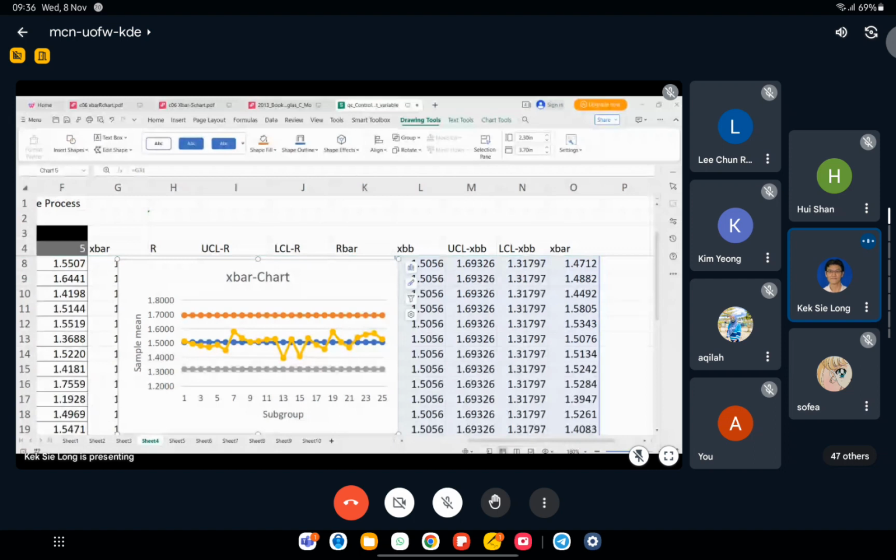So from this X bar control chart, all the points represent the sample mean, the process average. All the process averages are inside the control limit. So we can say that this process is in control. We do not notice any out of control signal.